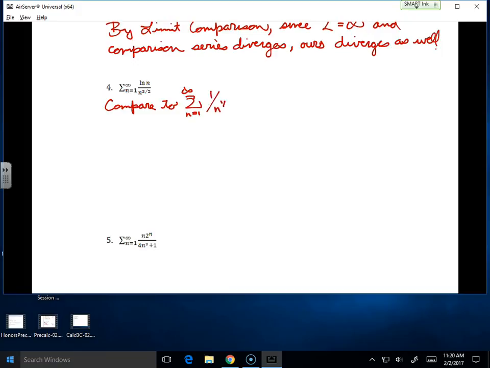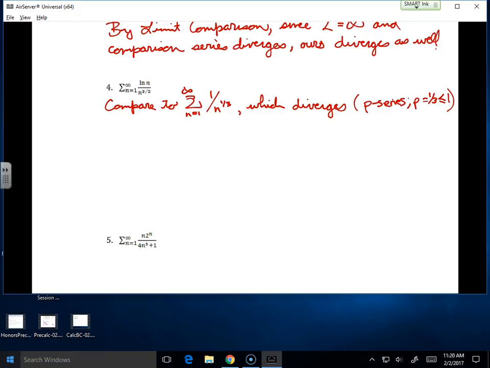It diverges by the p-series test. p is equal to 1/3, which is less than 1, right? Wait, less than or equal to? Yes.